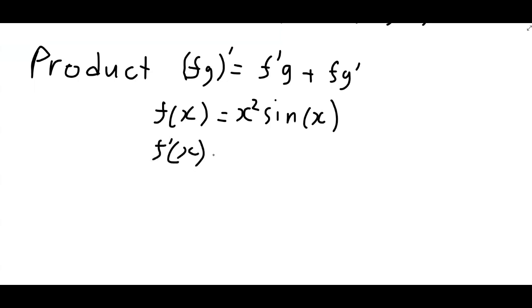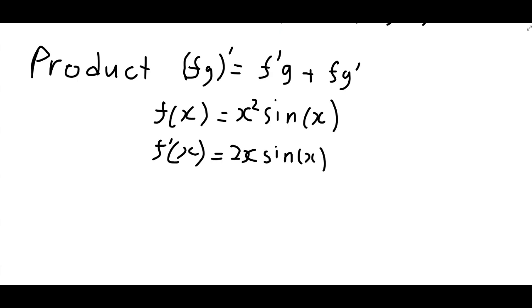Well, as you can see, I can clearly see two functions, x squared and sine of x. So what can I do? I'm going to first take the derivative of x squared with respect to x. But remember, keep the sine of x here, okay?